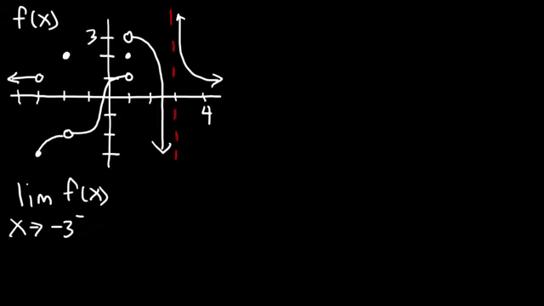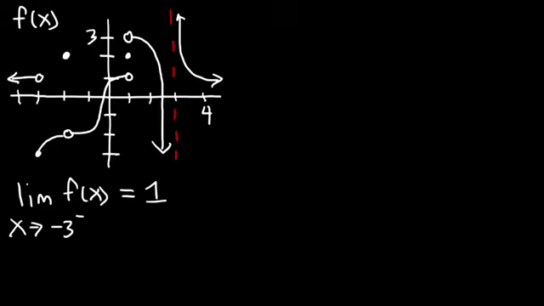So first, identify where x is negative 3. X is negative 3 anywhere along that vertical line. Now we want to approach that vertical line from the left side. So therefore, you want to follow the curve from the left until you get to that point. So notice that the y value here corresponds to positive 1. So therefore, the limit as x approaches negative 3 from the left side is 1.